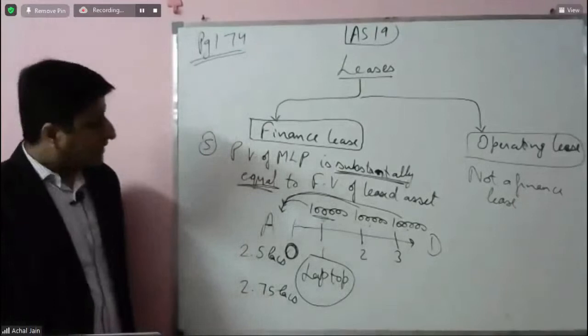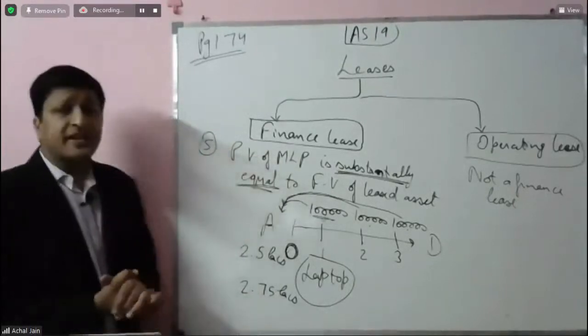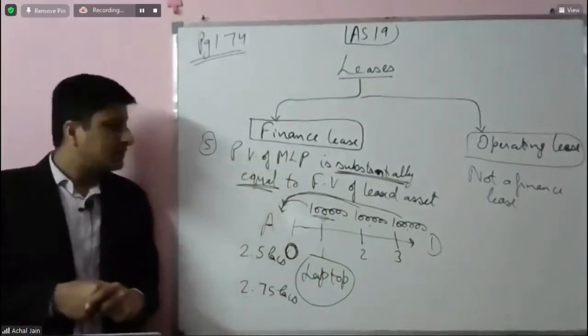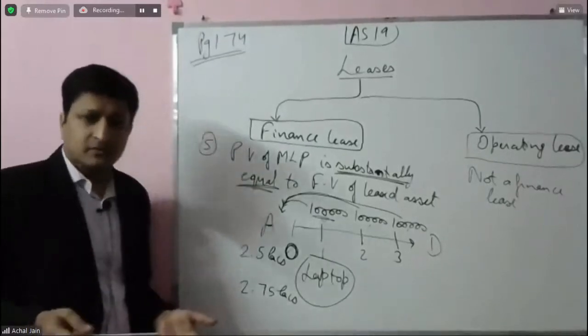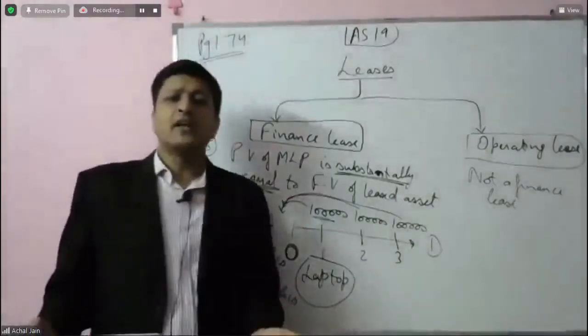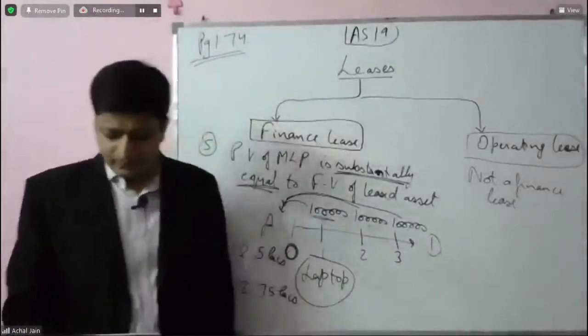Okay. Now, in this fifth indicator, again, what do we understand? That effectively the risk and rewards have been transferred. Here again, we get the same understanding.